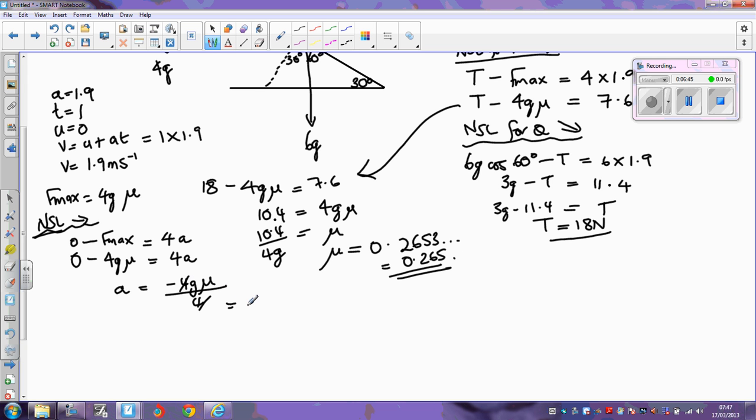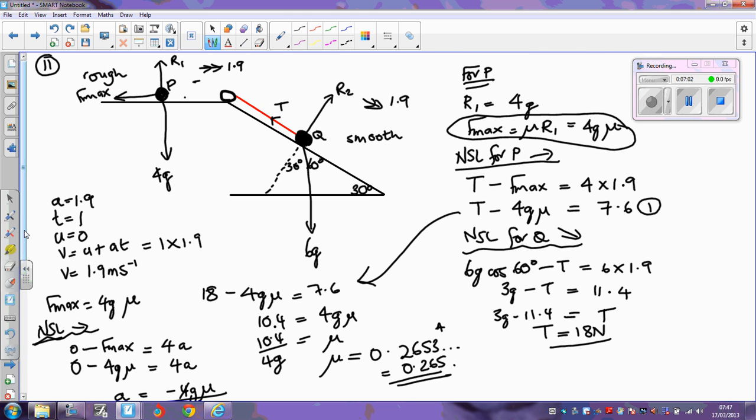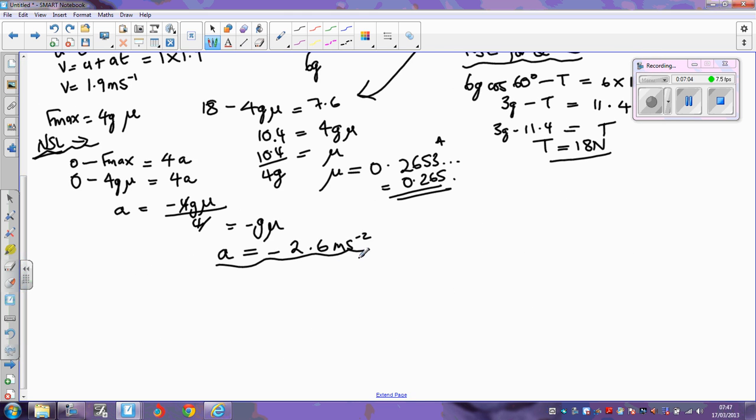The 4s cancel, so that's minus g mu. I've got my value of mu saved in my memory, and a comes out as a nice round minus 2.6 meters per second squared. So what we've now got is P moving to the right with an acceleration of minus 2.6 meters per second squared.